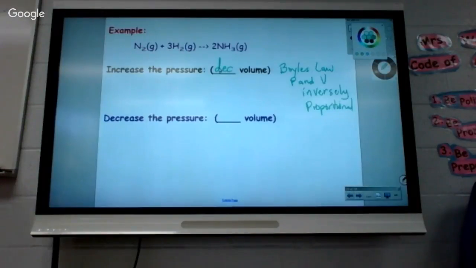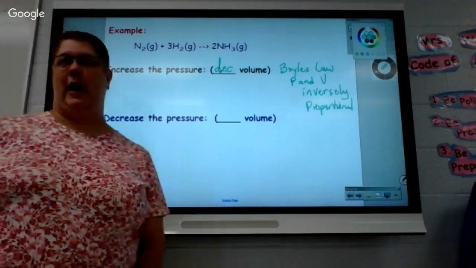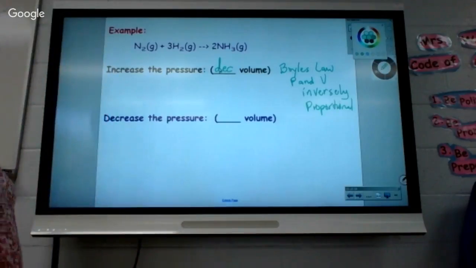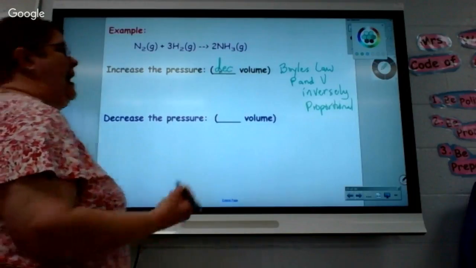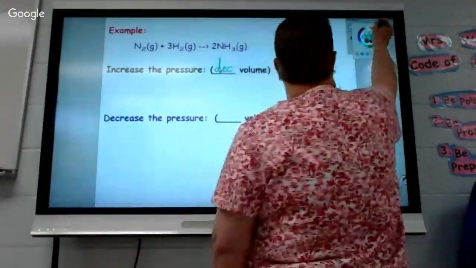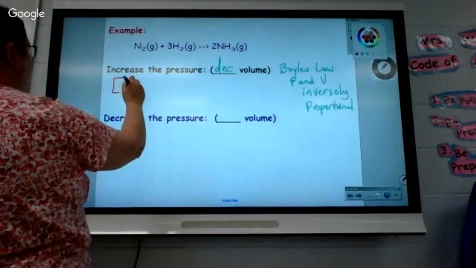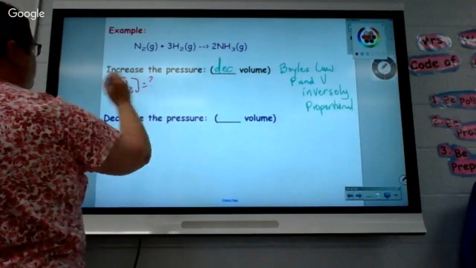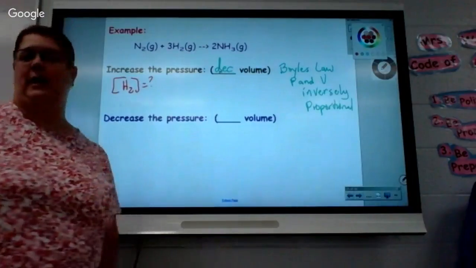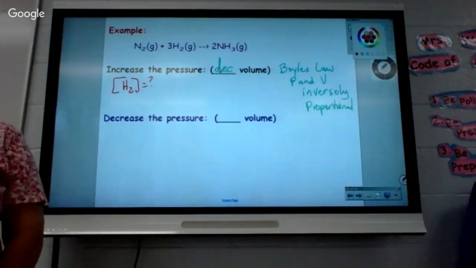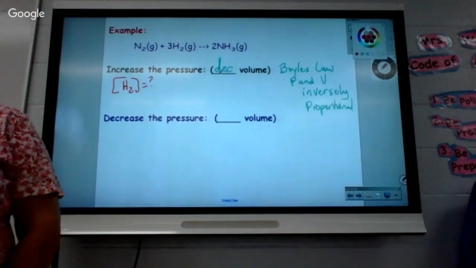So, if I look at this reaction and I increase the pressure, suppose I ask you, what happens to the concentration of hydrogen? Again, the first thing you have to know is: does it shift to the left or the right?